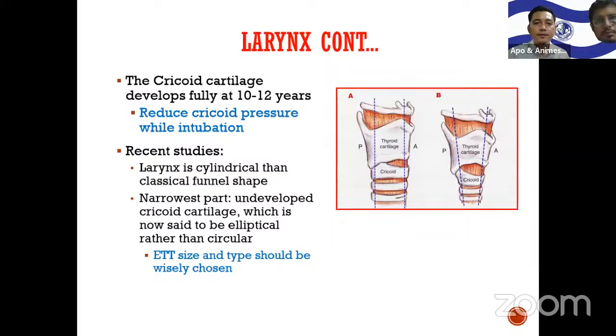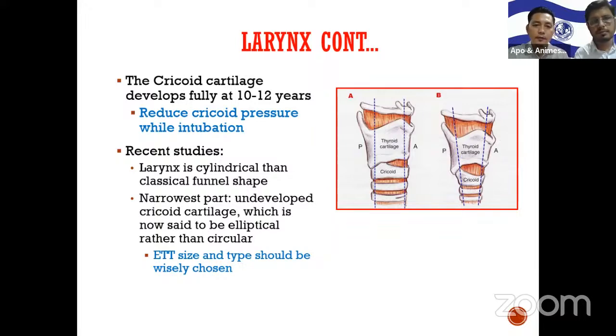The cricoid cartilage develops fully at 10 to 12 years of age. Therefore, reduced cricoid pressure should be applied while intubating in this age group of patients. And recent studies have shown that the larynx is more of a cylindrical structure than the classical funnel shape larynx they used to describe.